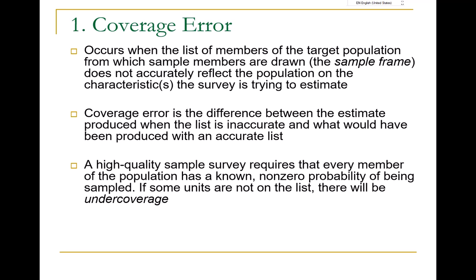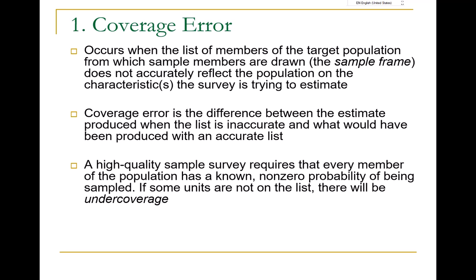Coverage error occurs when the sampling frame, which is a list of members from which the sample is drawn, does not accurately reflect the target population. This might happen if some individuals are excluded from the list or if the list contains people who are not part of the population being studied. Coverage error can lead to undercoverage, which is where certain segments of the population are not represented in the sample, or overcoverage, where groups that should not be included are included.